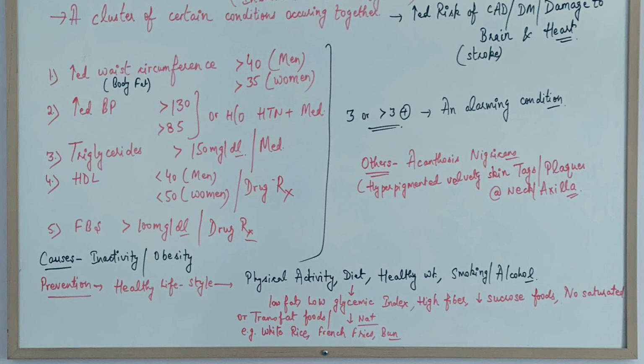The skin becomes blackish in color, or some velvety skin, with some plaque formation on the axilla or neck. You can see in patients suffering from chronic diabetes, on their neck or axilla, the skin has turned velvety black. That condition is called acanthosis nigricans, and that is diabetic dermopathy.